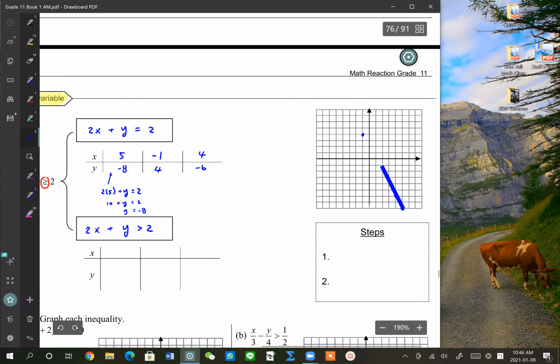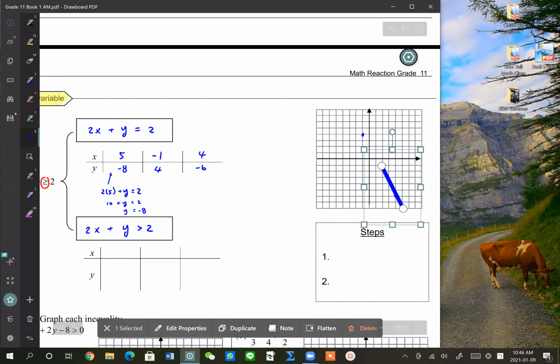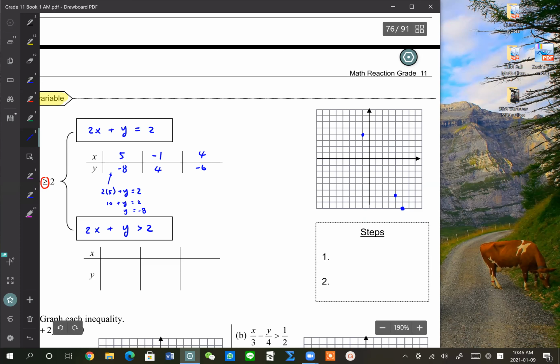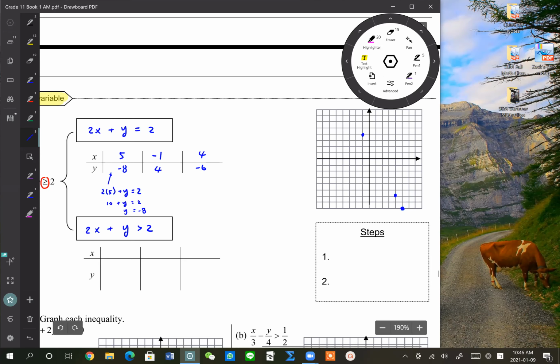Oh, this one is too thick. Let me use a different one.